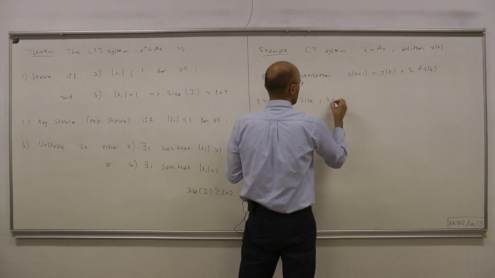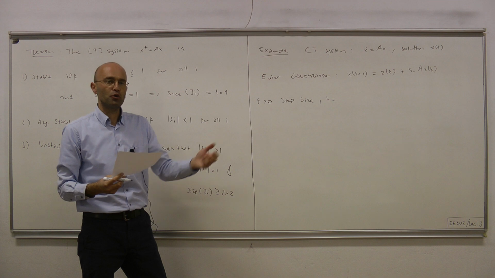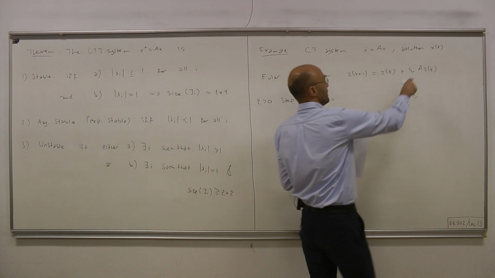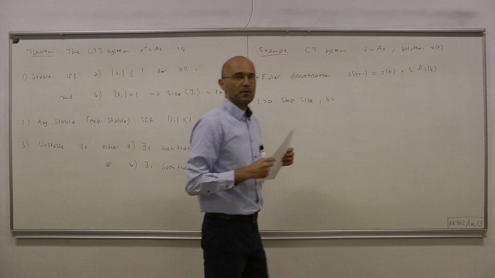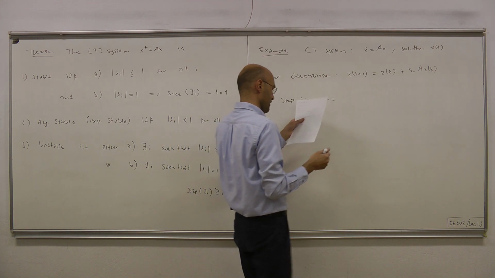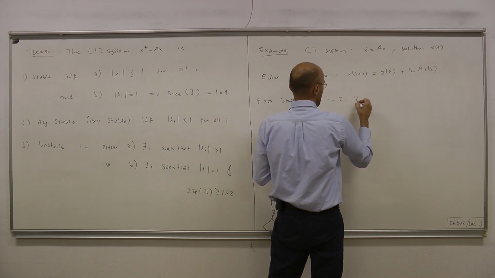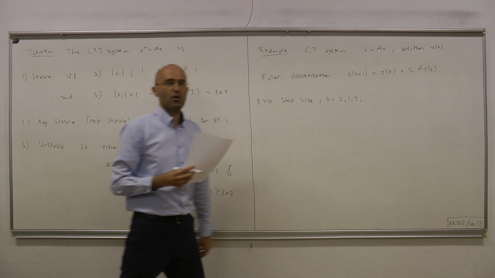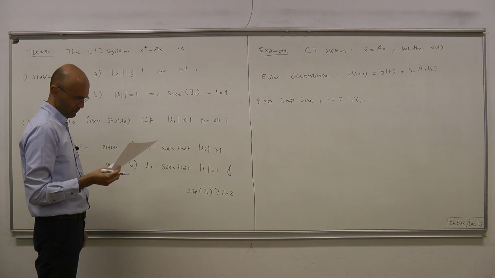And now we have moved from continuous time, where the time variable is denoted by t, to discrete time, where the time variable is denoted by k. K takes, as we all know, integer values, 0, 1, 2, 3, 4, 5, and so on.